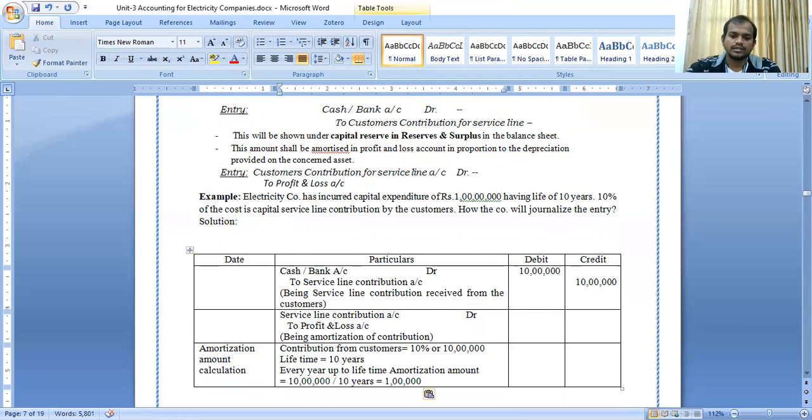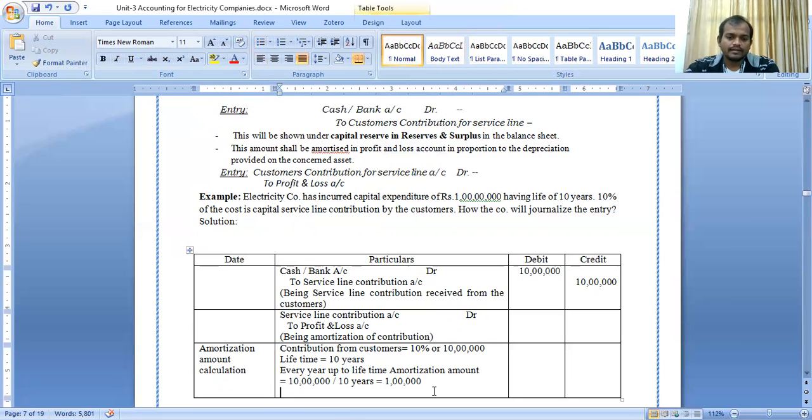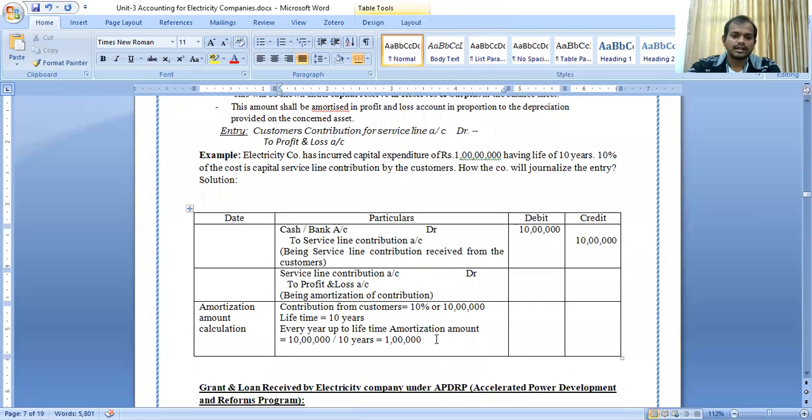Why? Because it is mentioned in proportion to the depreciation provided on the concerned asset. According to the 2009 regulation of the Electricity Act, we have to calculate depreciation using the straight line method. So we calculate this amortization amount by applying the straight line method throughout the life of the asset, or the life of the capital expenditure.